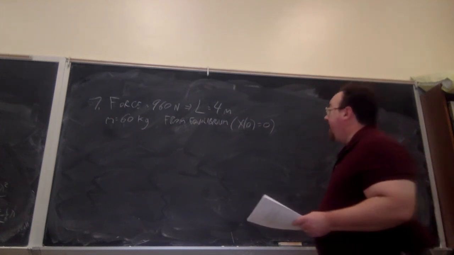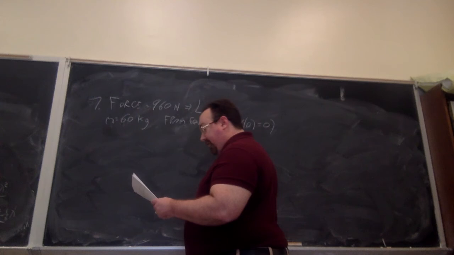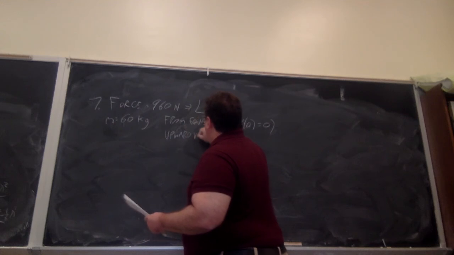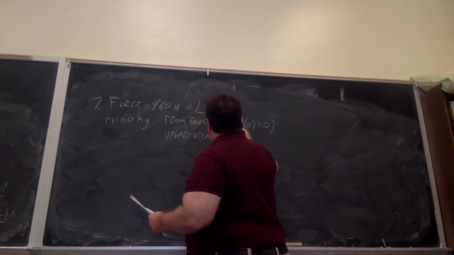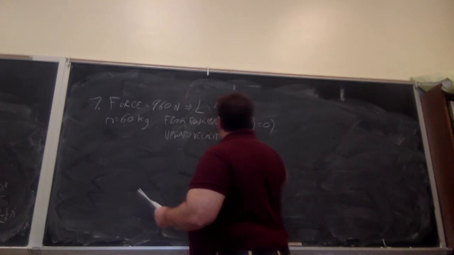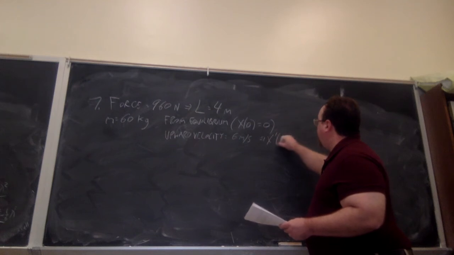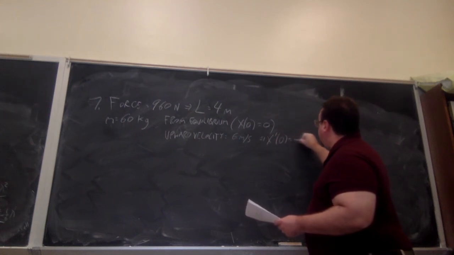And it is given an upward velocity of 6 meters per second. So that gives the other initial condition, x prime of 0 is equal to minus 6.